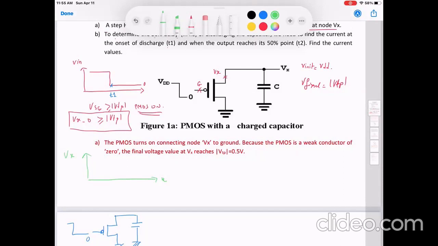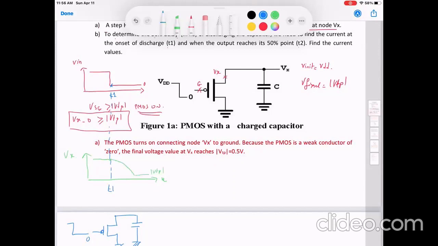And when this transistor is initially off, when this transistor turns on at time T1, Vx is going to start to be pulled down. Its final value will be VTP.